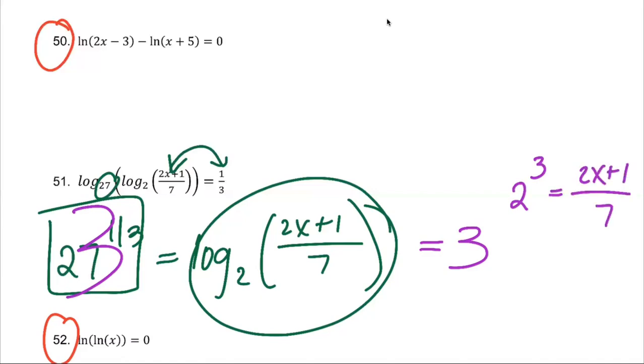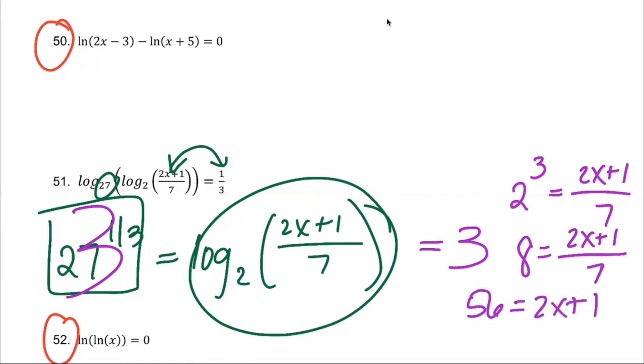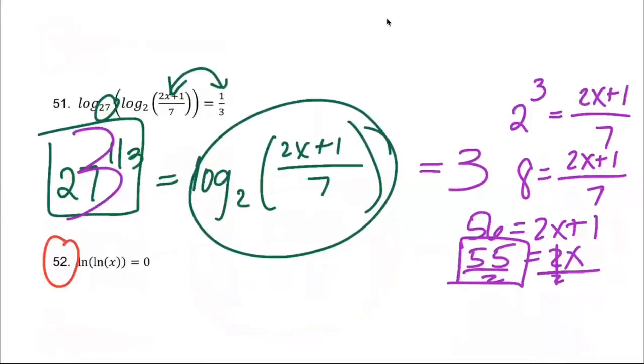And then if I evaluate that, 2 to the third is 8. And then now I can solve for x. So if I multiply 7 times 8 is 56. Subtract the 1, divide by 2. So my final answer is 55 over 2.